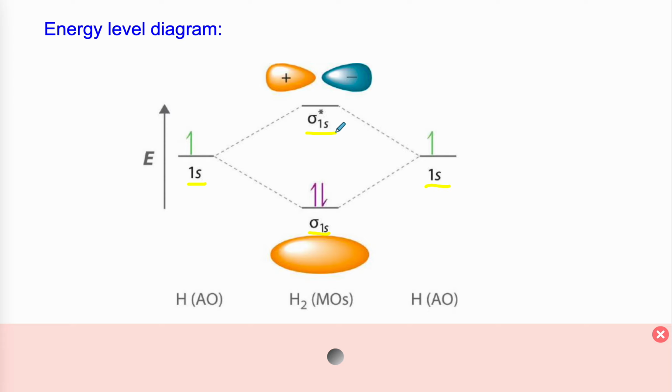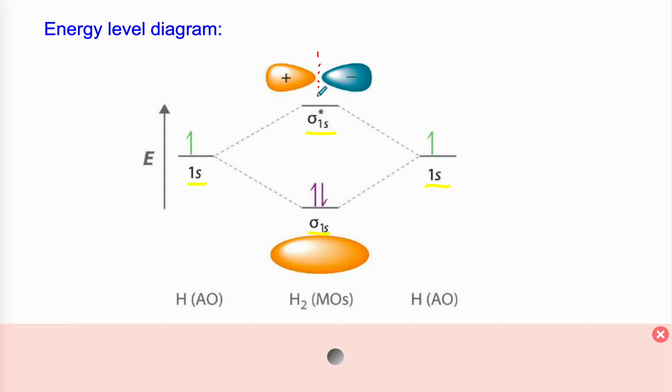They are shown in between the 2 hydrogen atomic orbitals. We also see diagrams that represent the electron density. In the sigma 1s bonding molecular orbital, there is a buildup of electron density between the 2 nuclei. But in the sigma star 1s antibonding molecular orbital, there is a deficiency; there is actually a node between the 2 nuclei where electron density cannot exist.